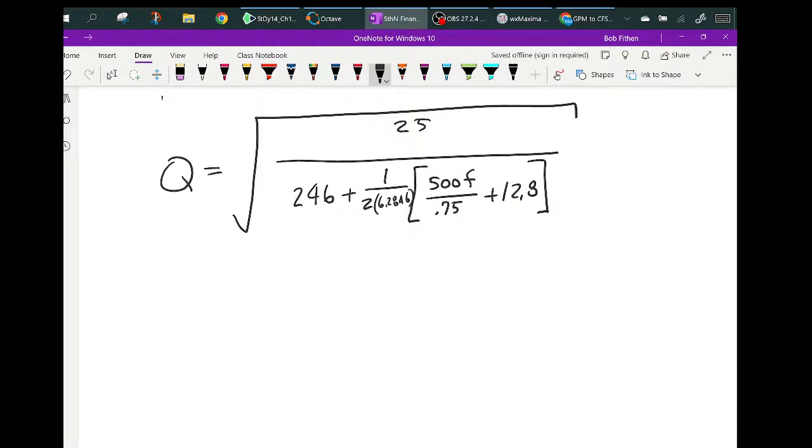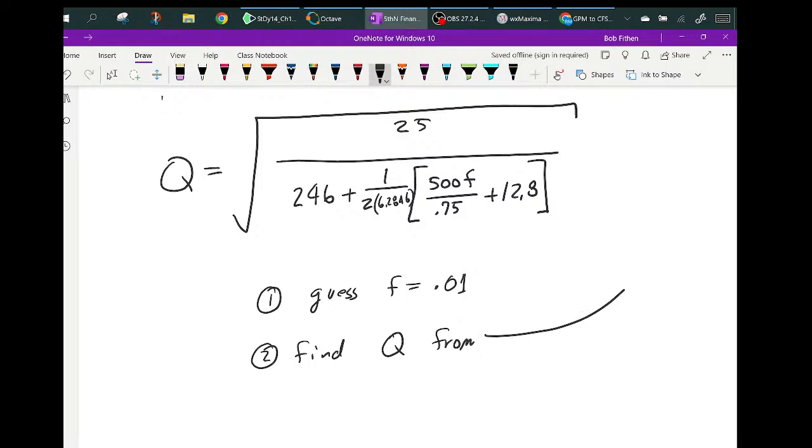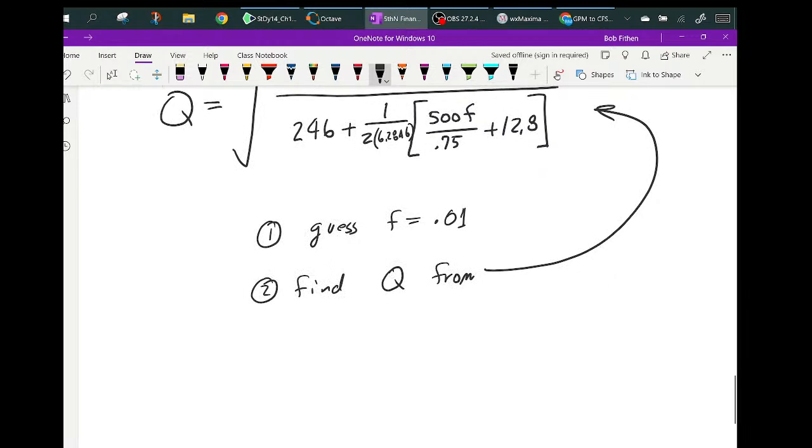Here's what I'll do. Step 1, guess an F. I'll say 0.1 to start with. Actually 0.01, how about that? And step 2, find the Q from that.